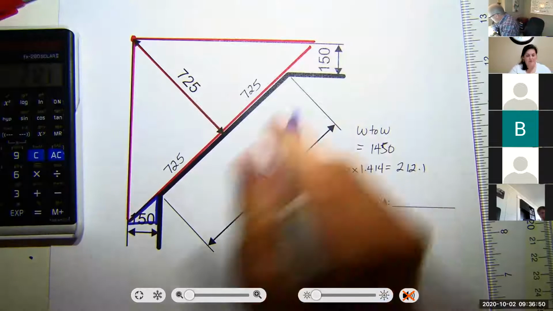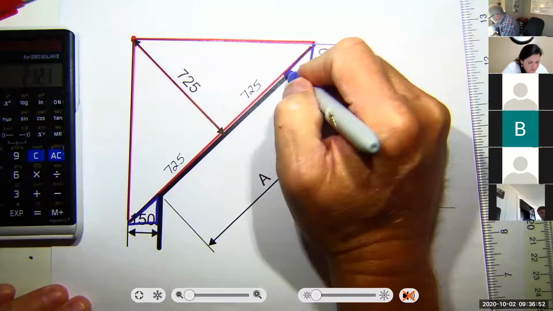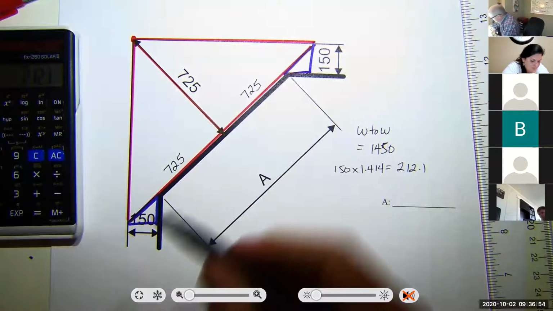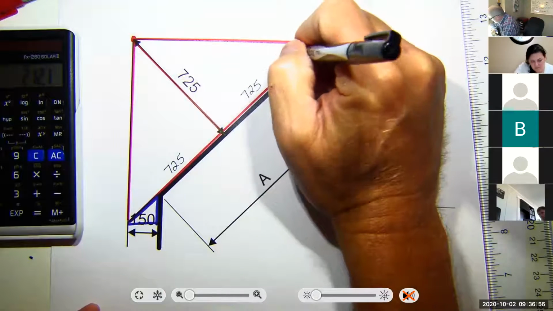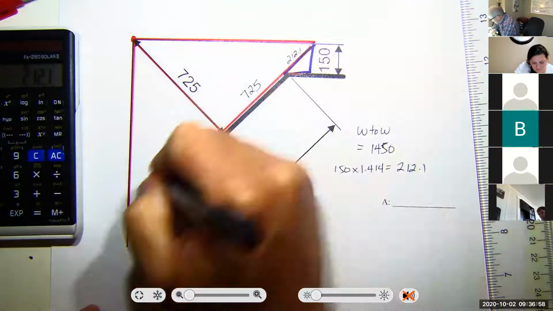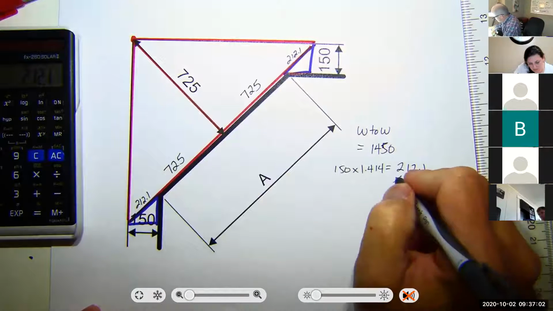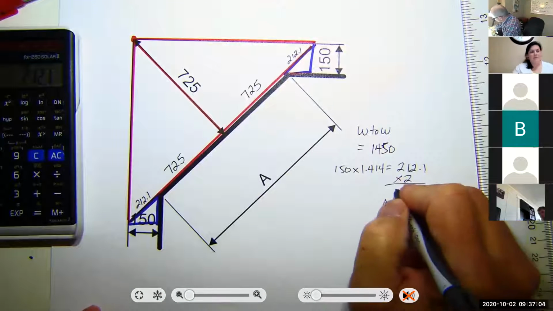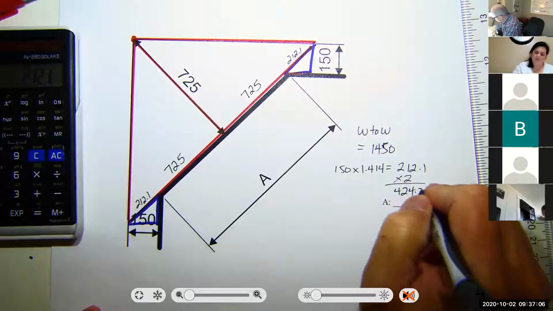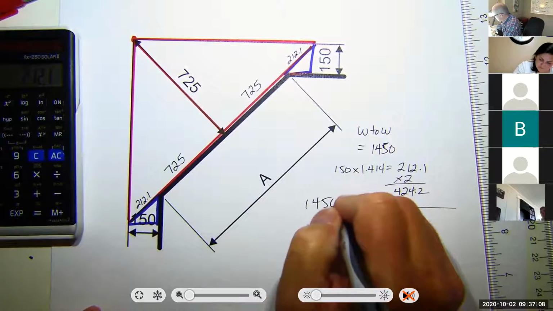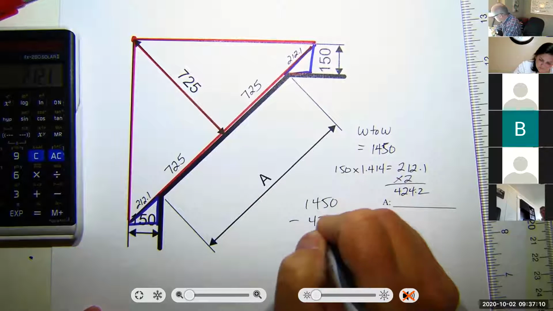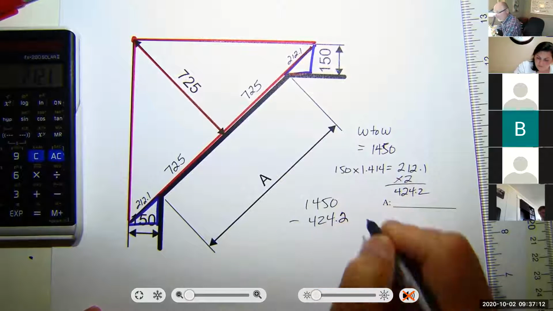And of course, it's 150 over here again. So that measurement is 212.1, and we minus that. So we'll times it by 2, which is 424.2. We'll take that off of the 1450 minus 424.2.